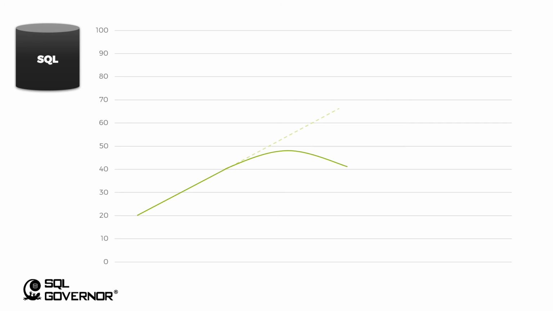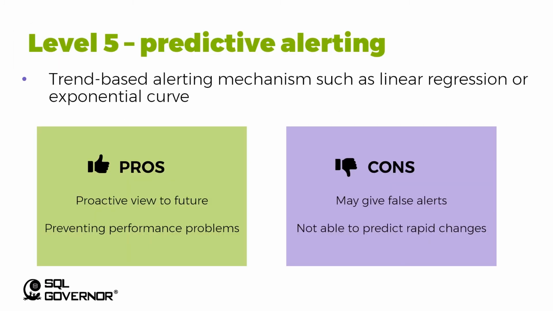Typically, linear regression and exponential curve are very good and simple statistical alerting mechanisms when it comes to proactiveness in performance counter predictions. Also, one of the cons is that you may not be able to predict rapid changes.